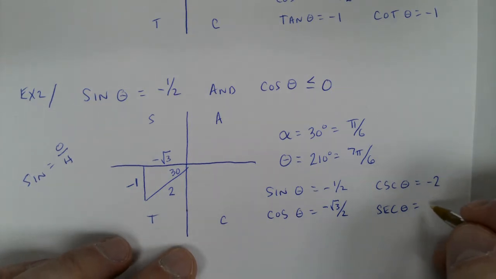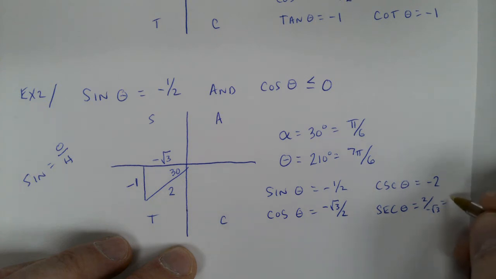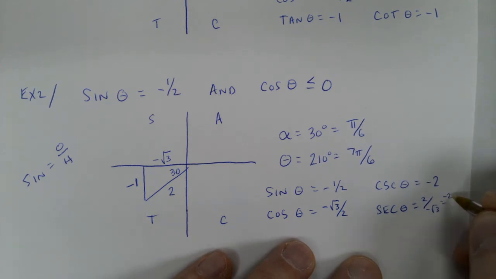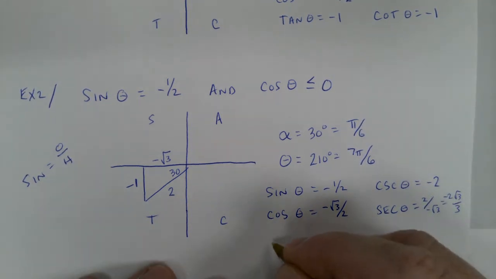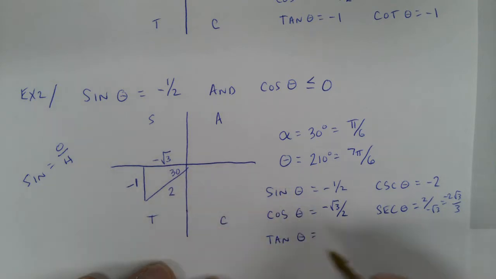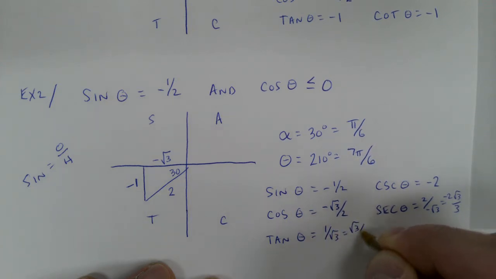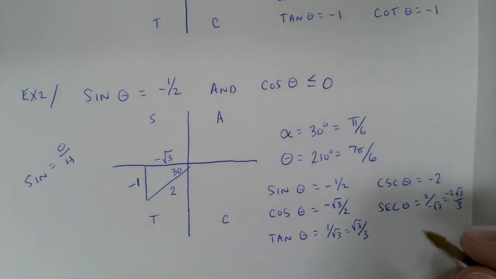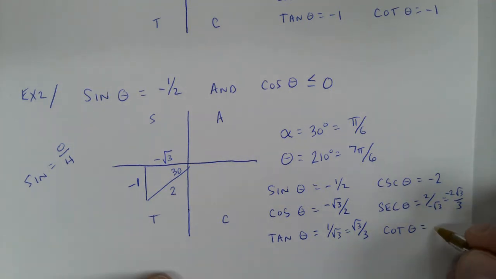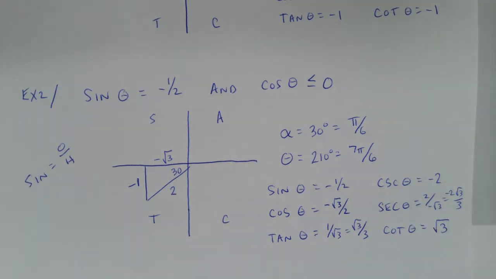Secant theta is going to be 2 over negative radical 3, which gives us negative 2 radical 3 over 3. Tangent is the opposite over the adjacent. So that's going to be 1 over radical 3, which is radical 3 over 3. And then the cotangent theta is going to be simply radical 3.